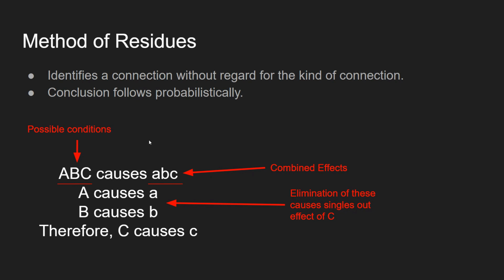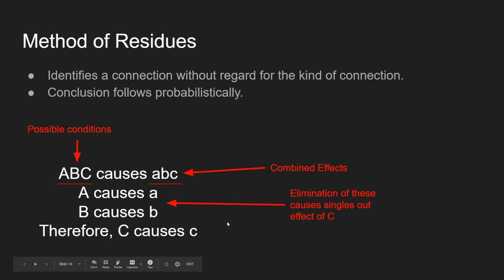So, to bring this diagram into this example, we have ABC causes abc. So A, which was the window being slightly open, causes a, a bit of the draft. And when the window is closed, then a bit of the draft goes away. B, which was a crack or something, causes b, which is another bit of the draft, which then allows us to conclude that C, the broken damper, causes the remainder of the draft.